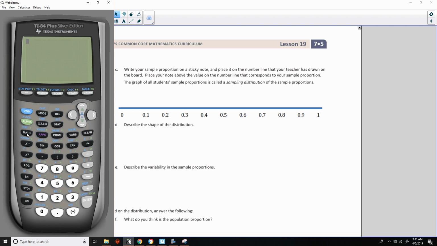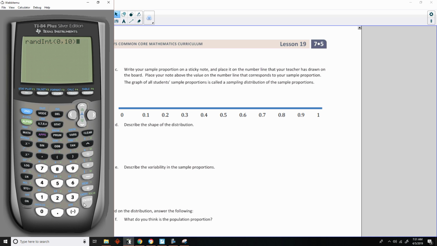So in order to do that, I hit math, arrow over to probability, and 5 for random integer. So I'm going to tell my calculator that I want to choose random integers between 0 and 10, and I'll just move the decimal place because this is integer and these are not integers, they are rational numbers. So I'm going to say from 0 to 10.